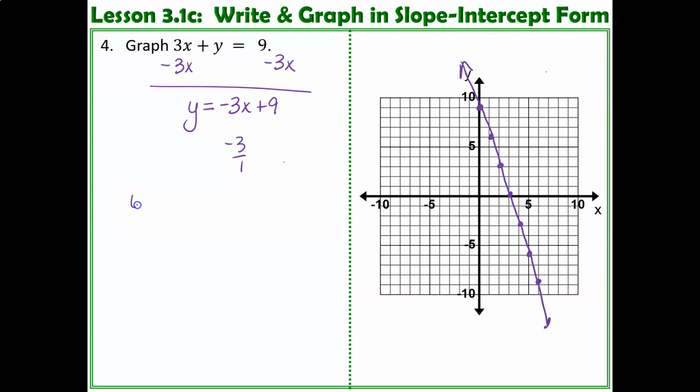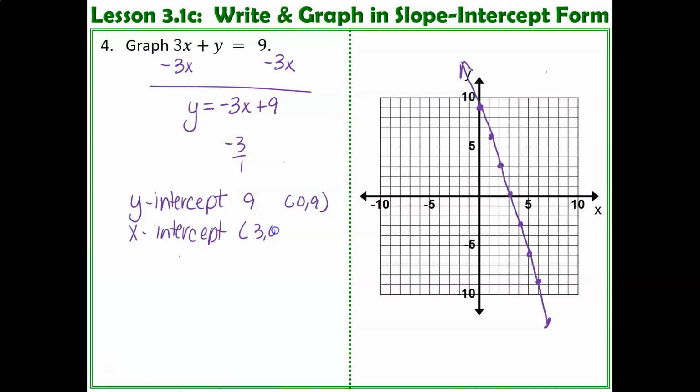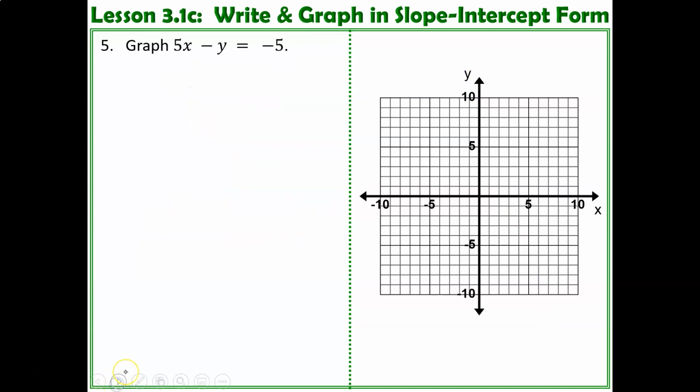So again, my y-intercept, or the place the line crosses the y-axis, is 9 or 0, 9. And my x-intercept, or that's the place where the line crosses the x-axis, is 3, 0. Or just 3.